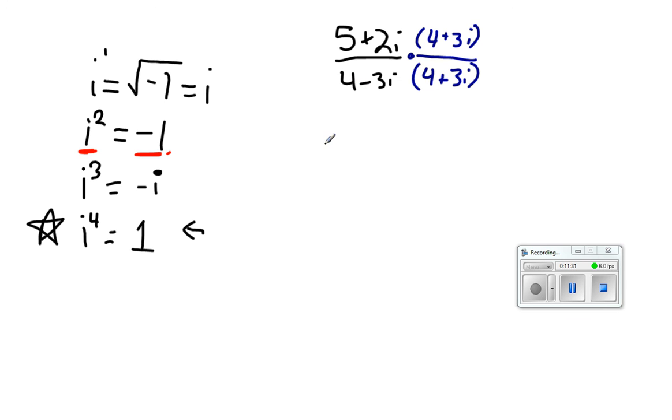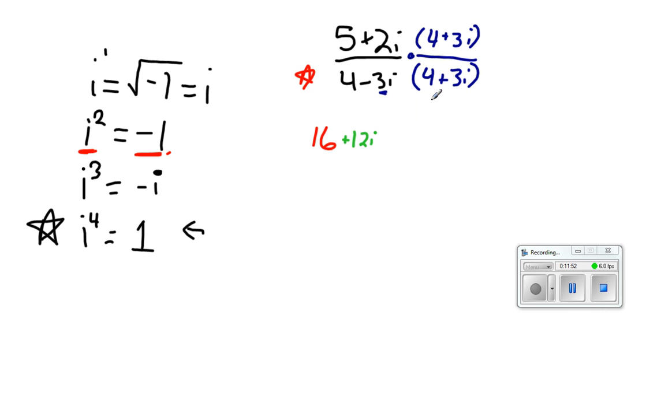So 4 times 4. We're just doing the bottom here. So this is 16. We do the outer. So 4 times positive 3 is positive 12i. And then we do the inner. Here's the cool part.